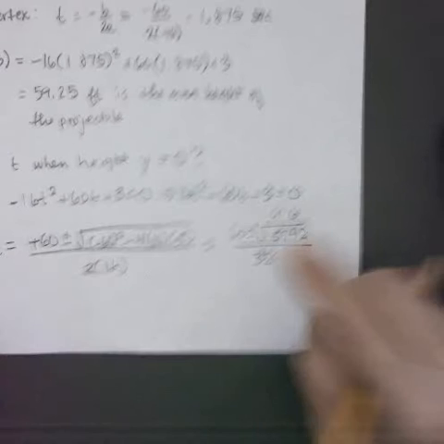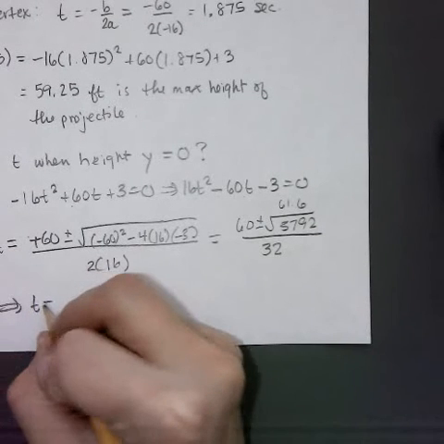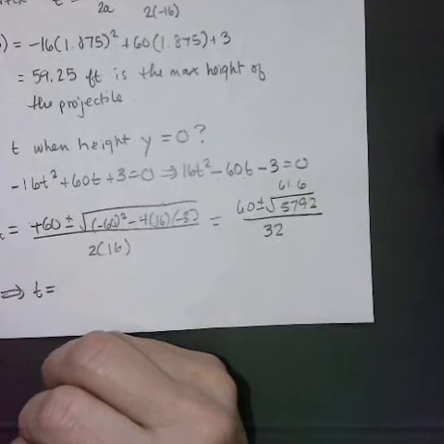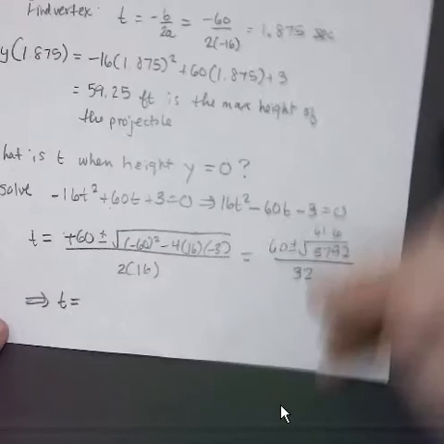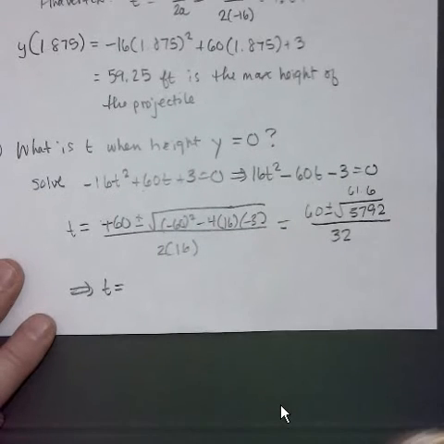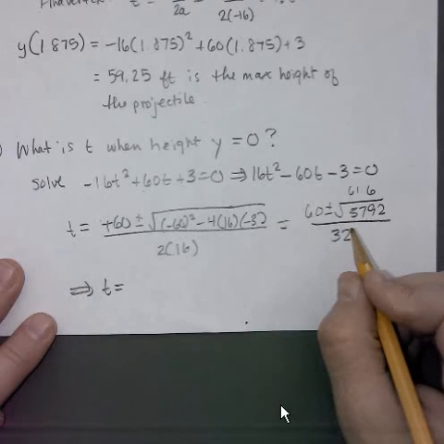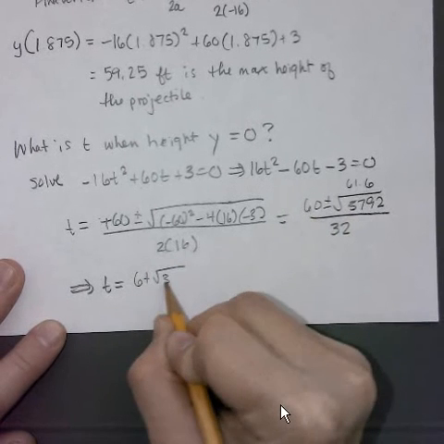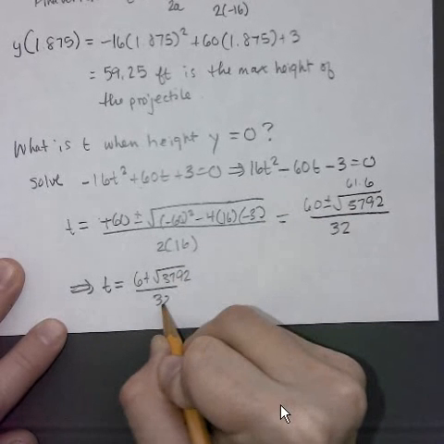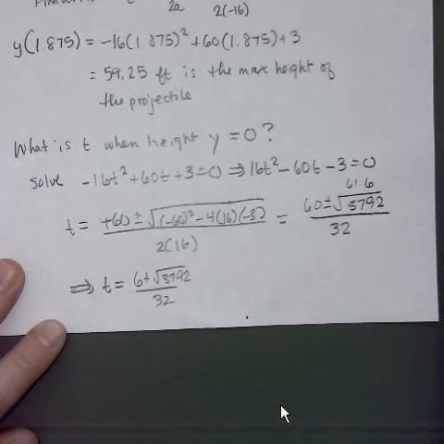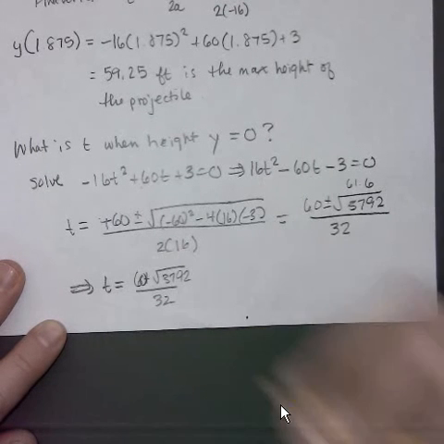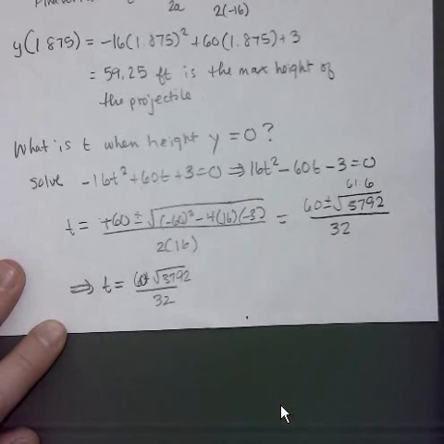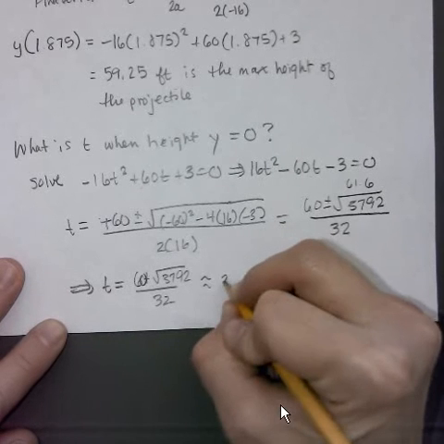Well, we only want the positive answer. T has to be bigger than or equal to 0. So we will use T equals 60 plus the square root of 3,792 over 32. Divided by 32, that's approximately 3.8 seconds.